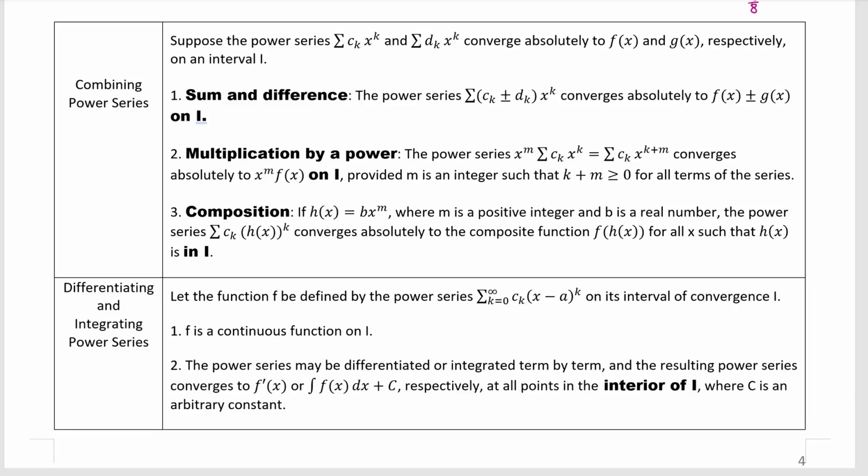If h of x equals b x to the m, where m is a positive integer and b is a real number, the power series sum of ck (h of x) to the k converges absolutely to the composite function f of h of x for all x such that h of x is in the interval I. Okay, so you can see when we plug in b x to the m here, we get b to the k x to the m k.